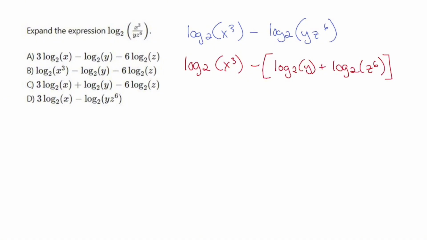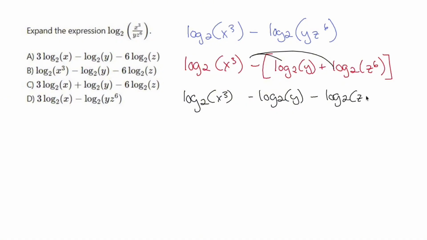So let's just quick distribute that negative real quick. And then we'll deal with exponents. Log base 2 of x cubed minus log base 2 of y minus log base 2 of z to the 6th. All I did was distribute the negative. Last step is any exponent living inside the parentheses, bring it out front.